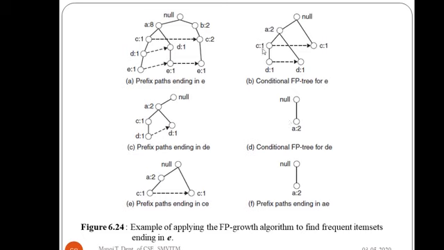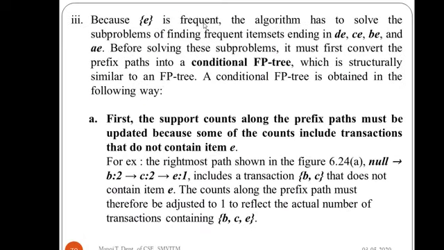Support counts along the prefix paths must be updated in such a way that they do not take into consideration the transactions which do not contain E. Suppose you take BCE over here, E is there only one time. What does that mean? Then B1 C1 extra is present over here, which must be removed.